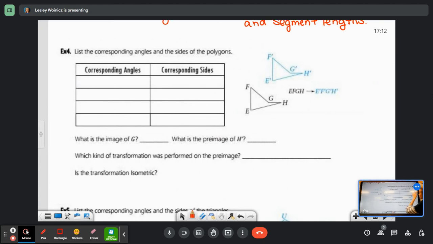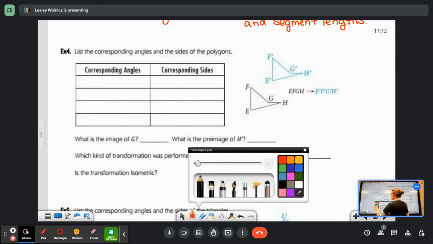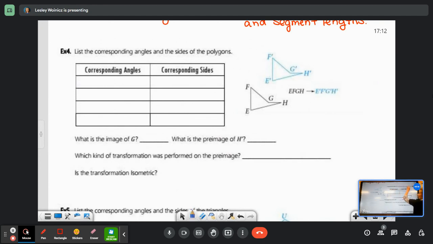All right, corresponding angles. We should really start with the order that they go here. So we're going to start with E. They're telling us in the rule that E maps to E prime. So that means that angle E has to map to angle E prime.